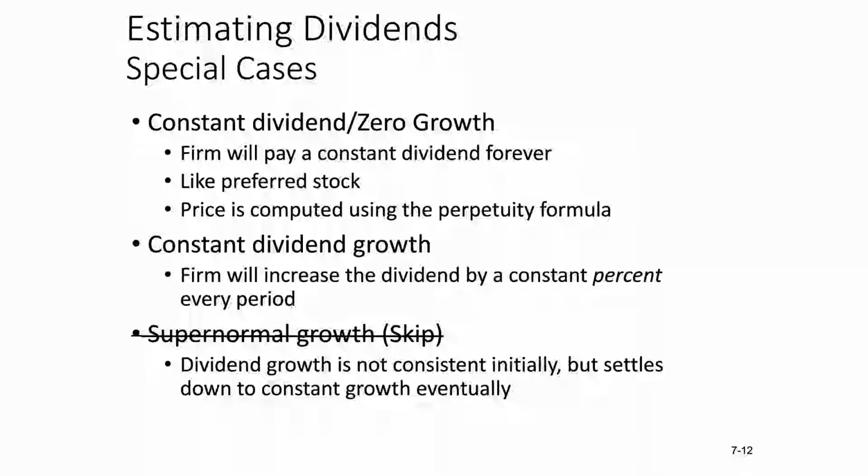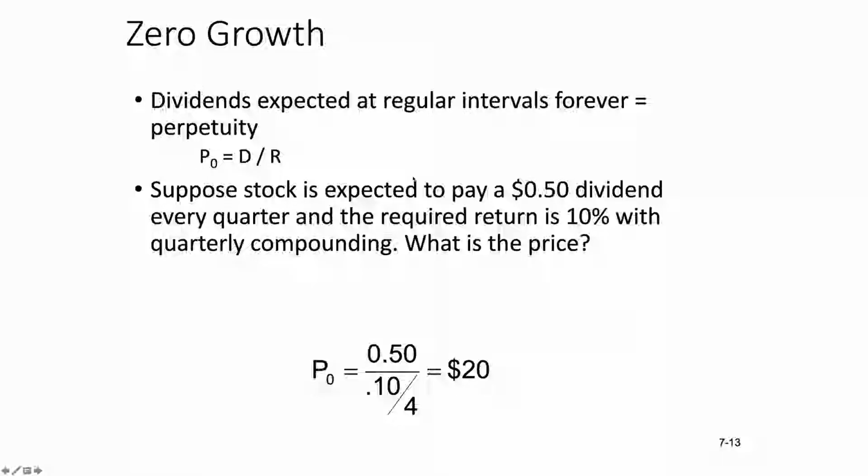Let me give you some examples. First, let's look at 0 growth. What kind of company has 0 growth? A company with no opportunity to grow its sales. A good example is the tobacco industry, where sales growth is not really there. Let's assume the expected dividend is paid at regular intervals each year, going forever.